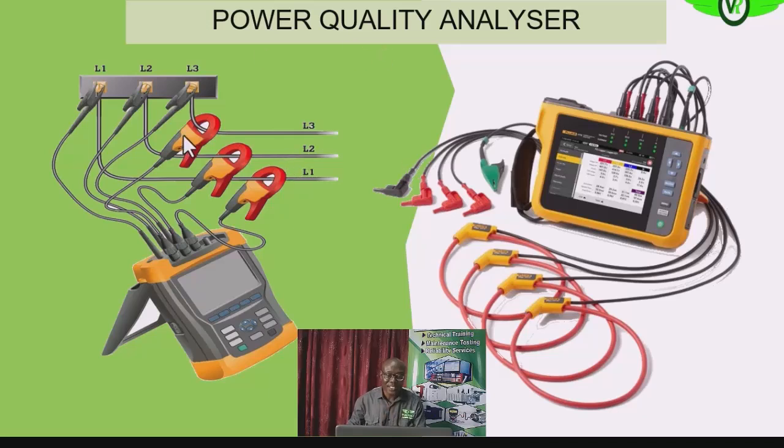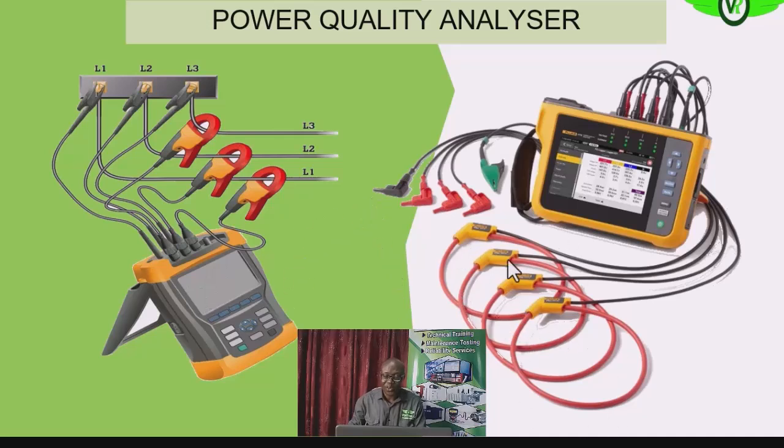We have four current probes in most cases, but if you have a direct three-phase line, you connect the three current probes, as shown on the diagram on the left. Then we also have three potential probes. It is usually four, one on the neutral. Are we getting it? You have those three potential probes on each of the phases to give you the potential reading on the analyzer.